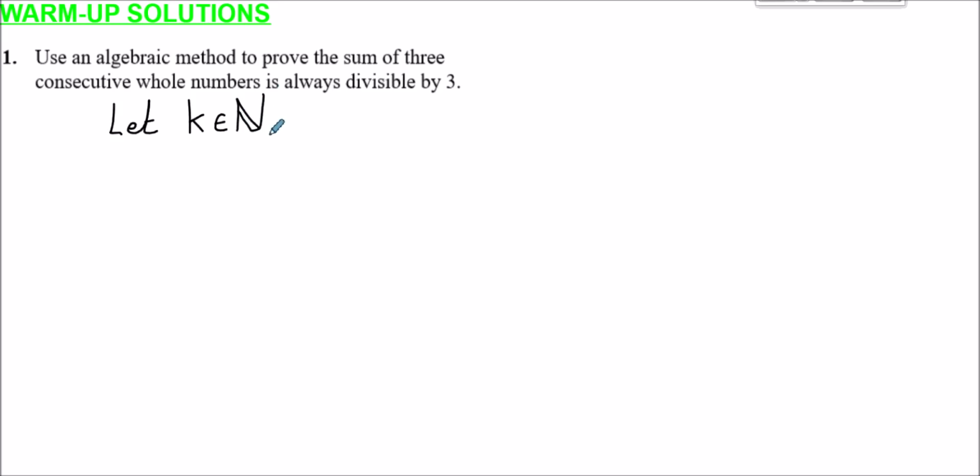Okay? Then what we can say is if we have a number which is 3 times k, then the next one along from that will be 3k plus 1. And the next one along from 3k plus 1 will be 3k plus 2.